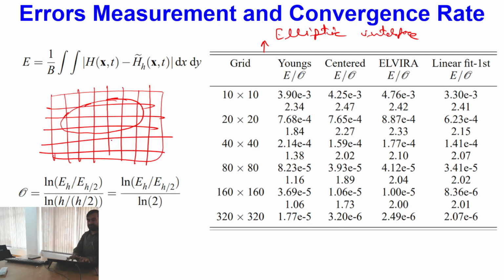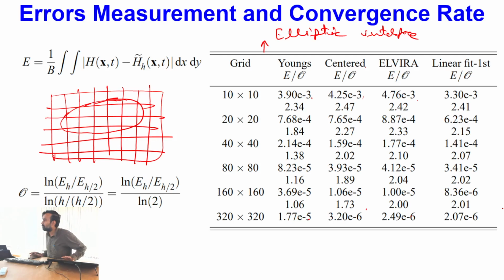Likewise I have increased the number of cells, and in each line segment this curve is represented with straight lines. Here you can see Young's method is giving error in the range of 10 to power minus 3 to 10 to power minus 5. Centered is also giving almost a similar range. ELVIRA is giving from minus 3 to minus 6, and linear first fit method is giving from minus 3 to minus 6. So the error in these methods, except for Young's method, is in almost all cases of similar magnitude.